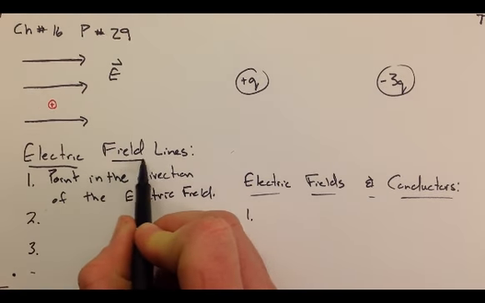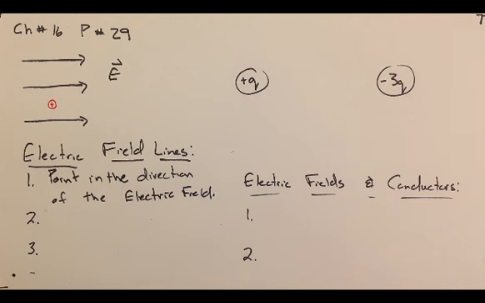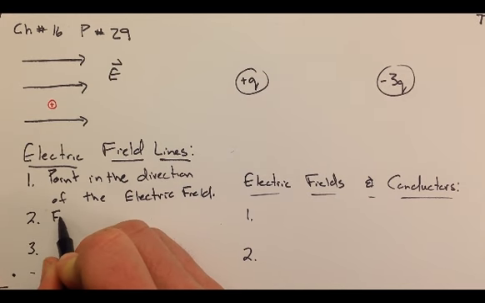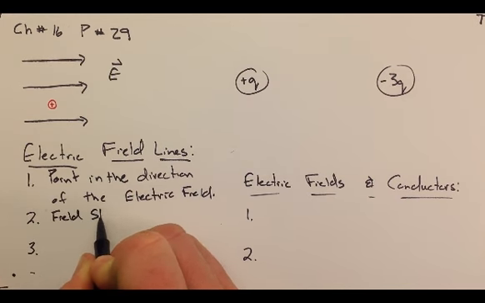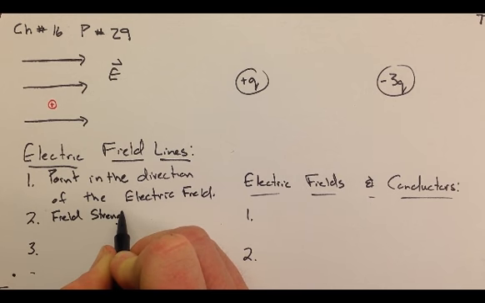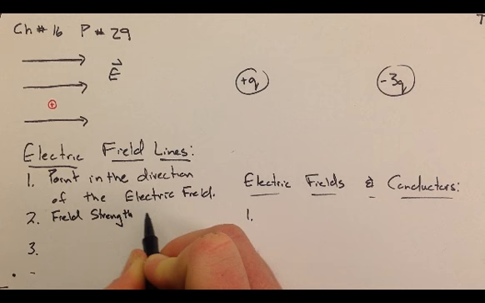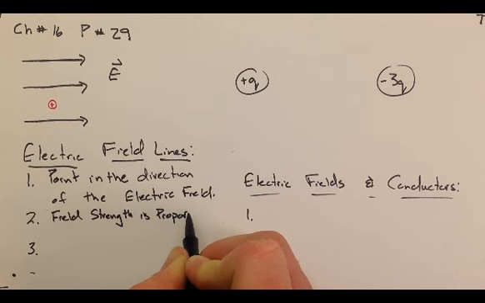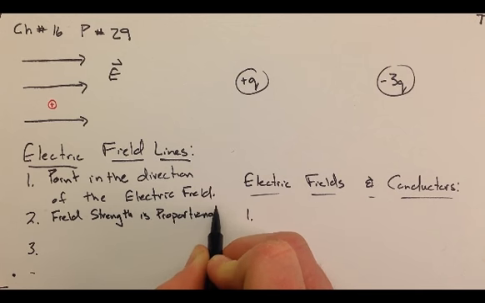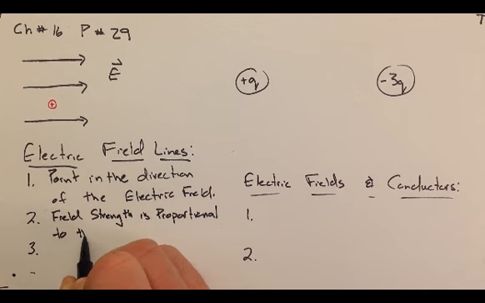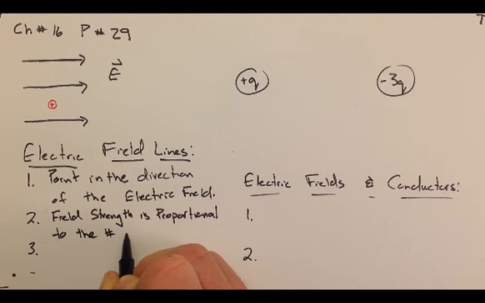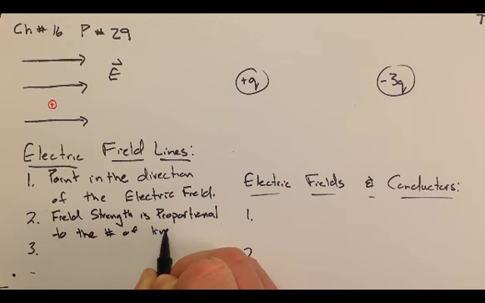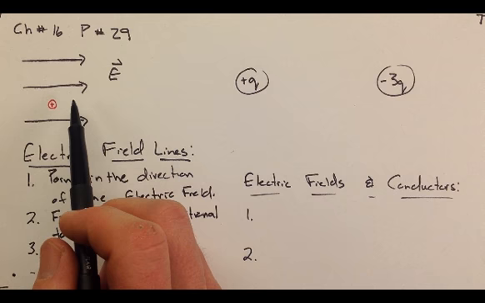Okay, so another thing about electric field lines is that the field strength is proportional to the number of lines. So this is an electric field.